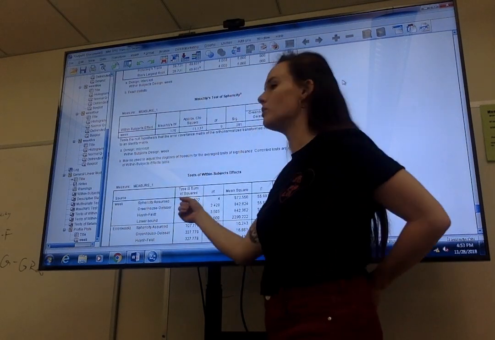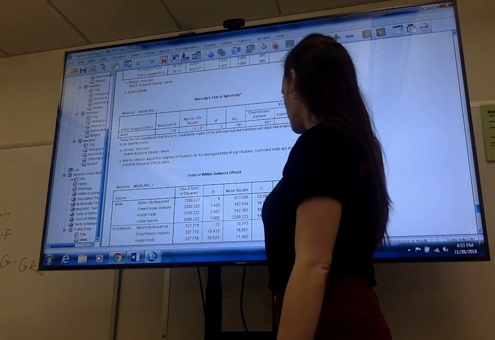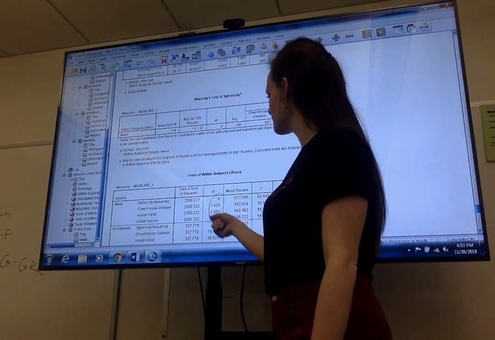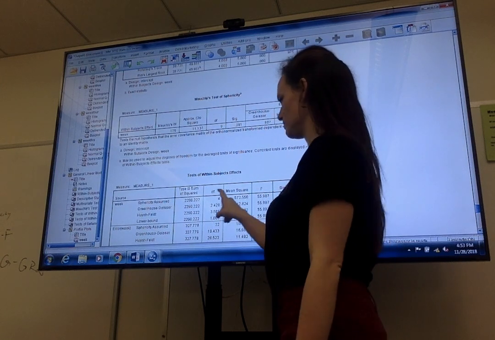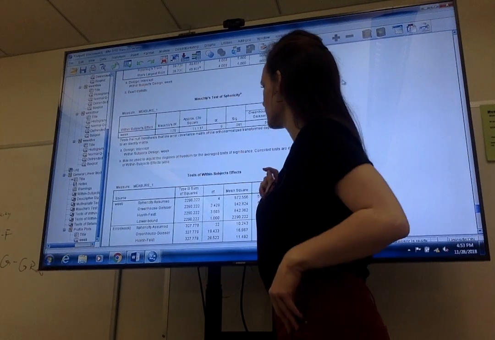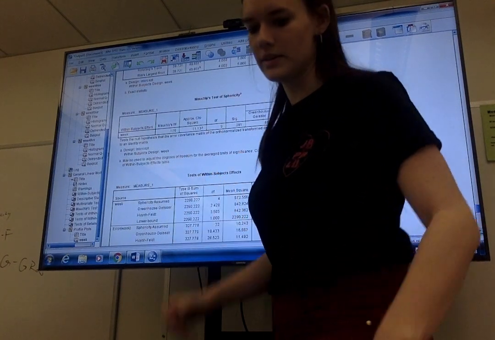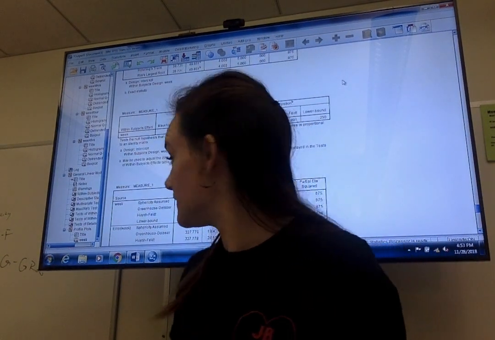Yeah, it's telling you which one you're going to use. The only difference between these different rows is the DF. As you'll see, the F is the same and the significance is the same. The DF will be the difference. Does that make sense? So that's how you do sphericity.